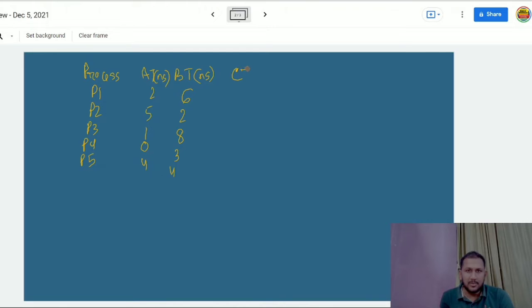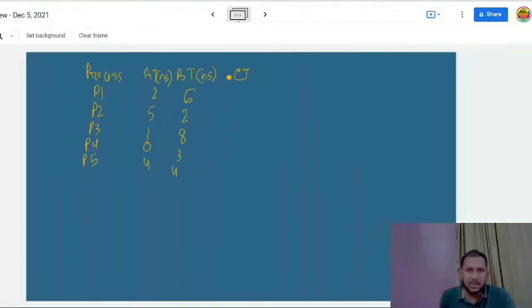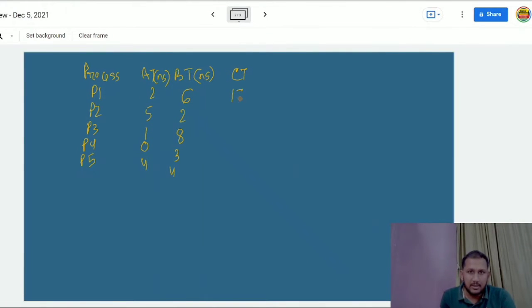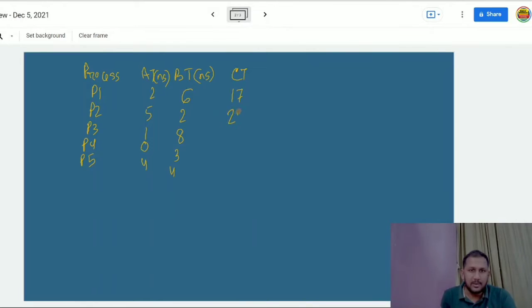How to find out the completion time? We have to consider the Gantt chart. The completion time of P1 is 17. The completion time of P2 is 23.